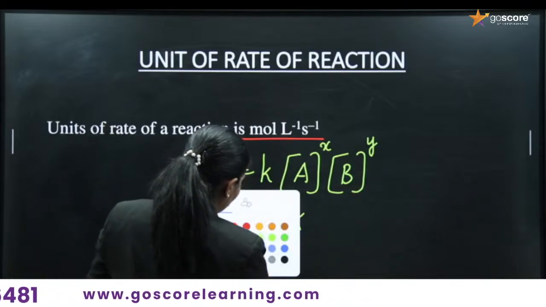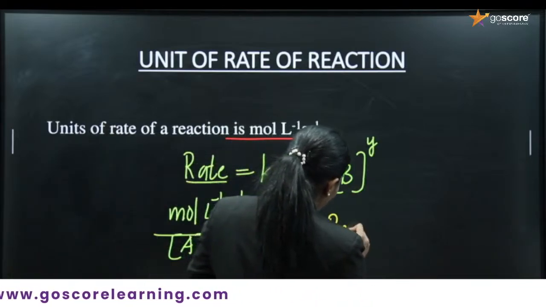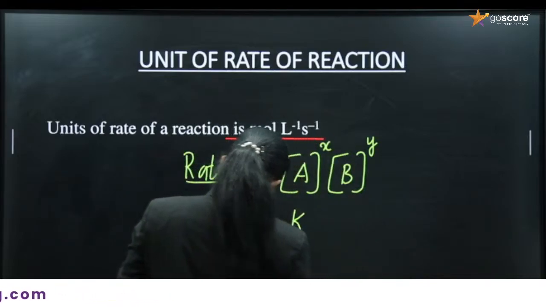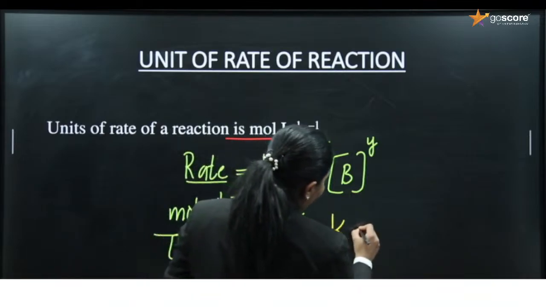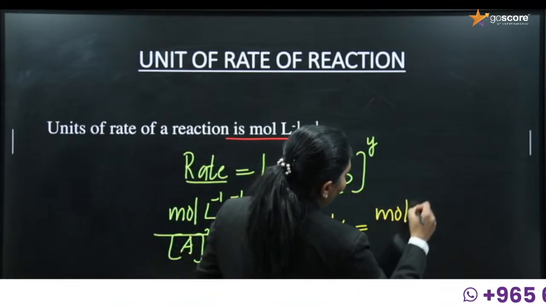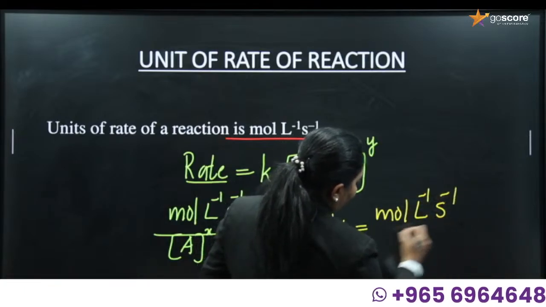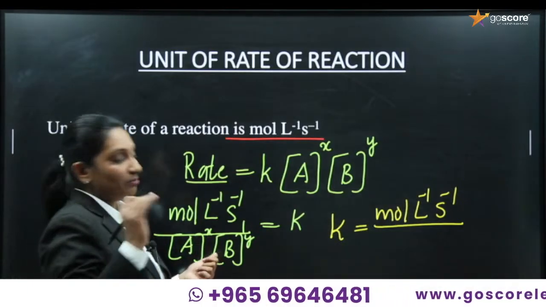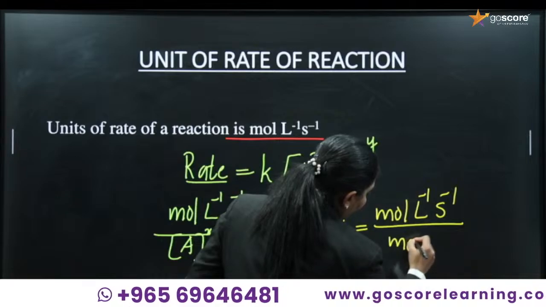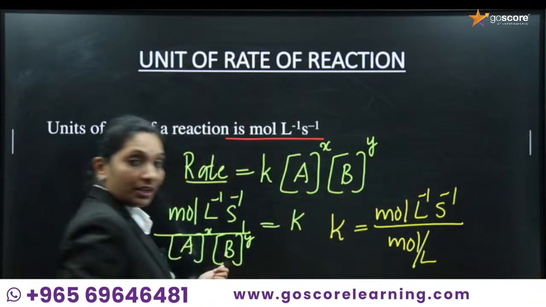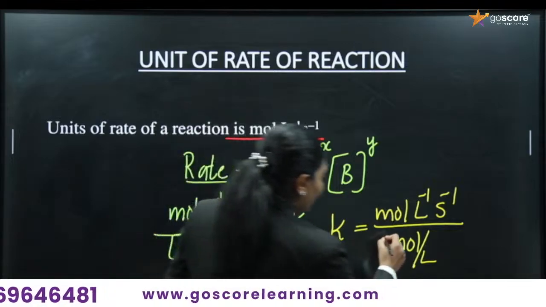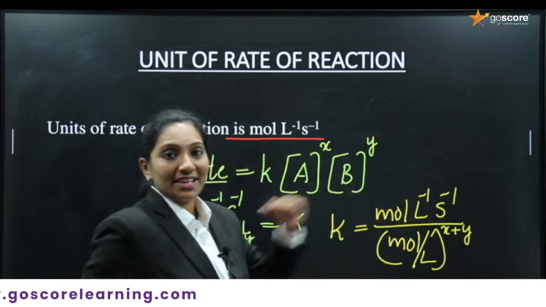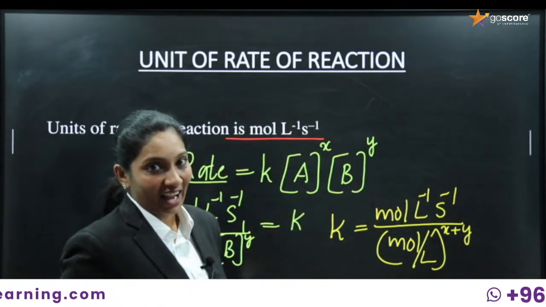Now we can write the rate constant K as mole liter inverse second inverse divided by the unit for concentration. It will be moles per liter for A, and for B also it will be mole per liter. So we can rewrite it as mole per liter raised to X plus Y. Is this X plus Y the order N, right?